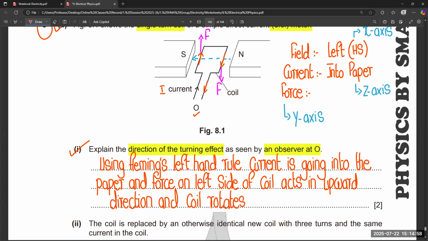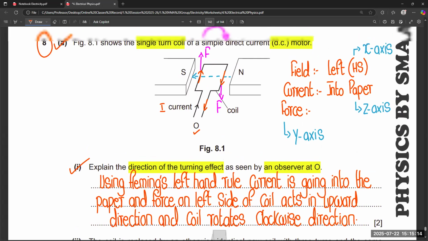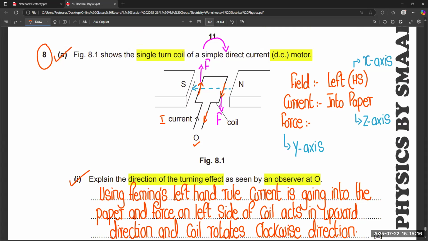Coil rotates in clockwise direction. So this is the direction of rotation of the coil.